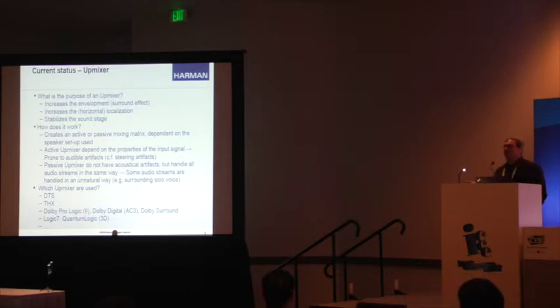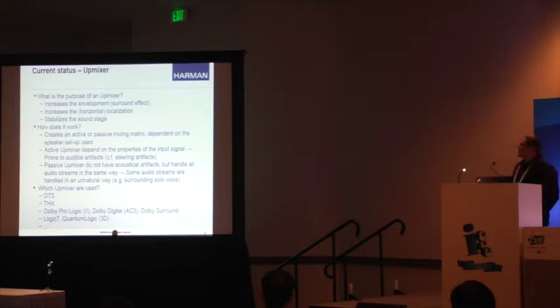This is good if you have, for example, invested into a 5.1 audio system, but you only play stereo music and said, okay, I want to have surround, even or nevertheless, if I only have stereo as input signal, and an upmixer is exactly doing this. So it takes the stereo and it upmixes to any format, for example, the 5.1, and then you can use your acoustical setup as it is and enjoy surround effects, even if it is not coded in the beginning.